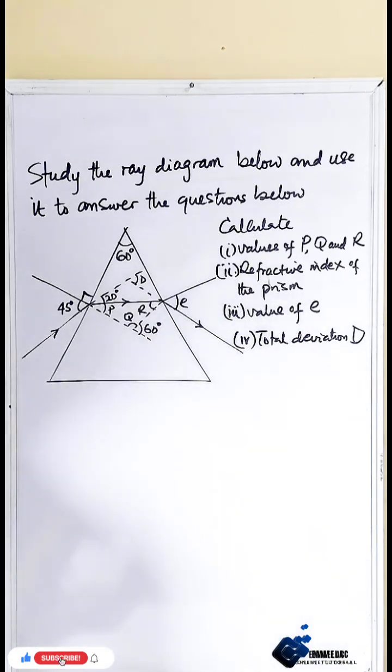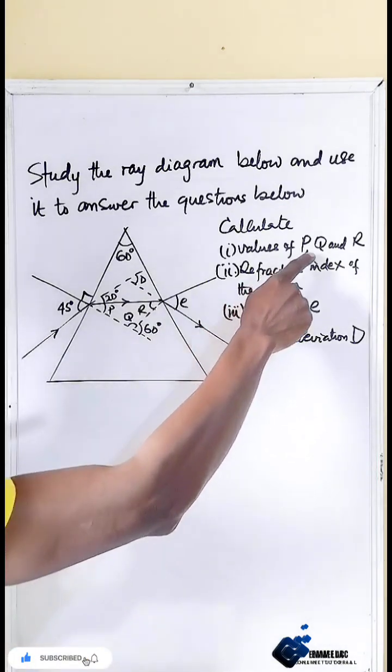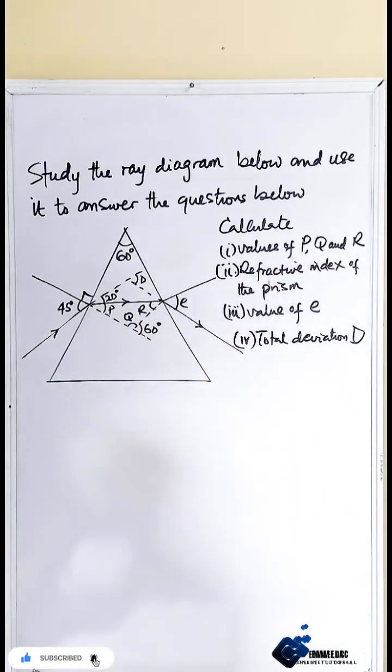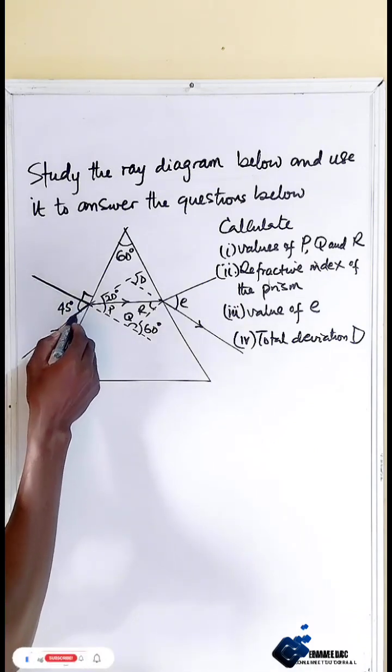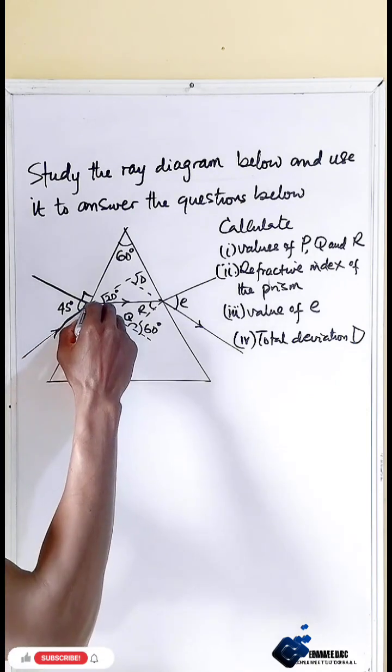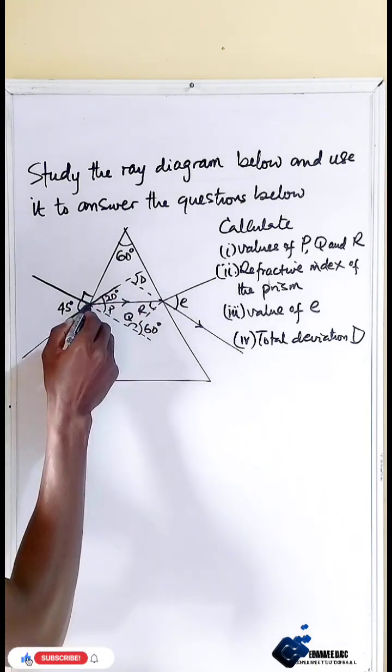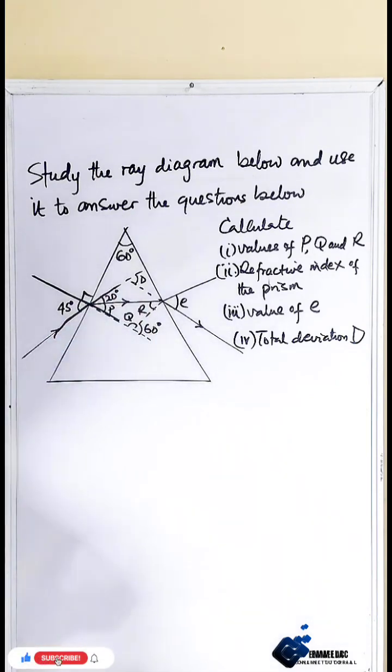For us to calculate for P, Q, and R, let's just take note that this angle here is equal to the sum of these two angles at this end. And take note that opposite vertical angles are equal.